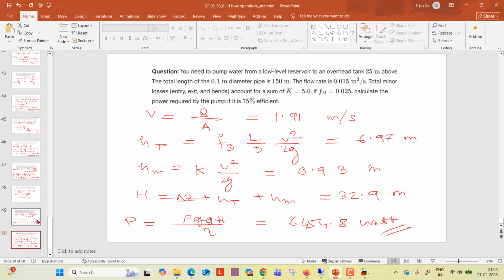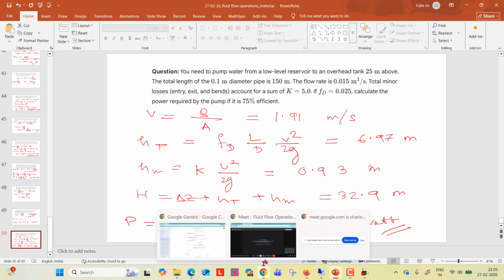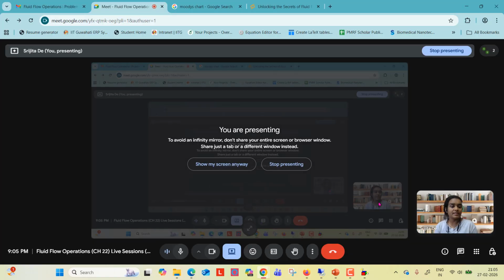Okay. So I hope you have understood how the major losses and the minor losses are calculated, due to major friction factors and the minor losses that come from your vanes, valves, sudden expansion, sudden contraction and so on.